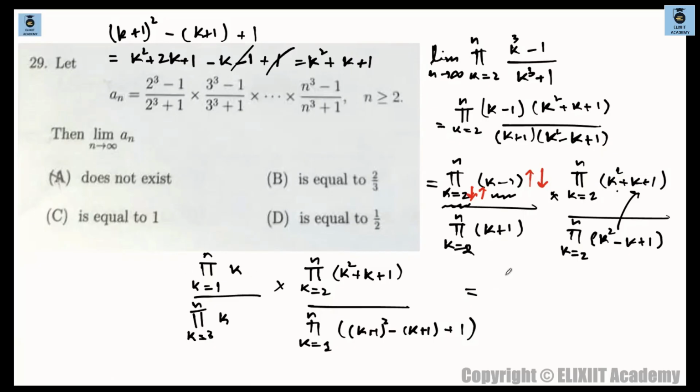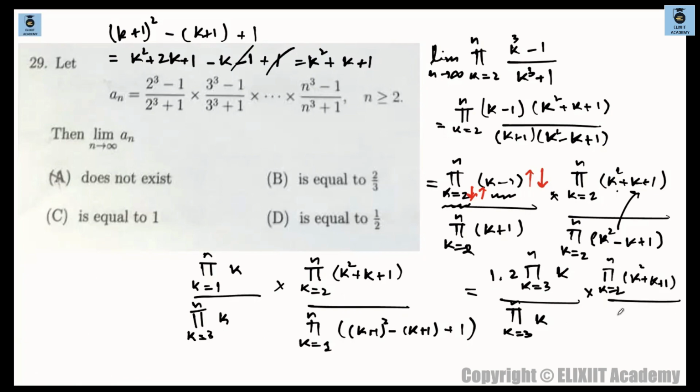See, in the numerator, we are getting 1 times 2 times product of k is equal to 3 to n of k, divided by product of k is equal to 3 to n of k. Then multiplied by, similarly, here we are getting product of k is equal to 2 to n, k square plus k plus 1.